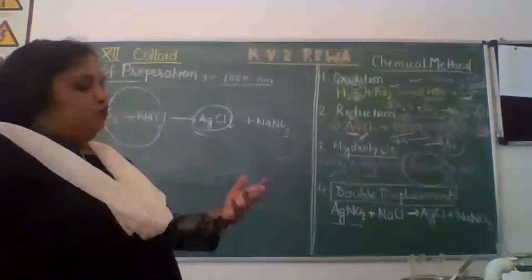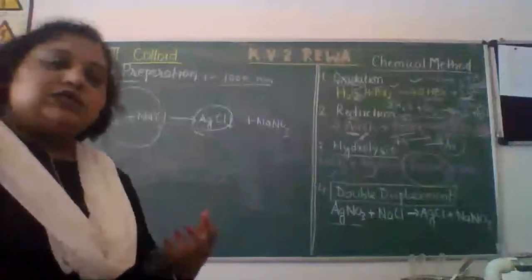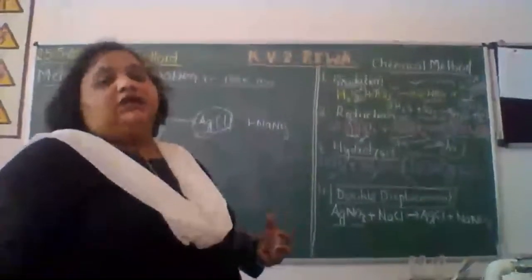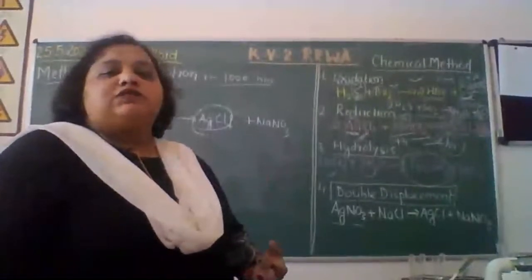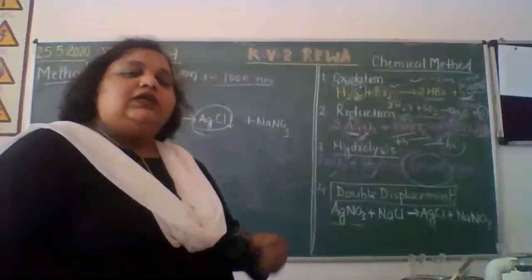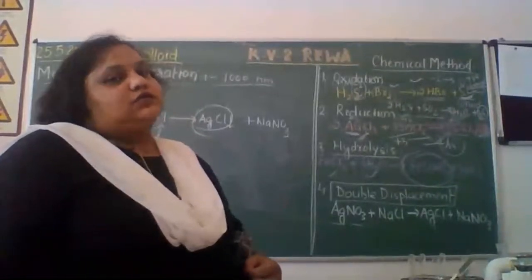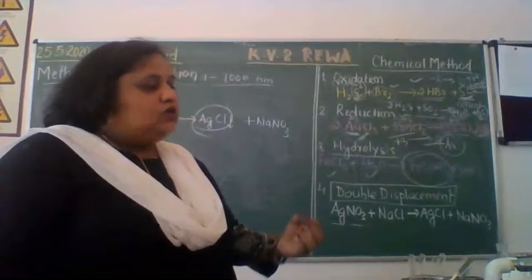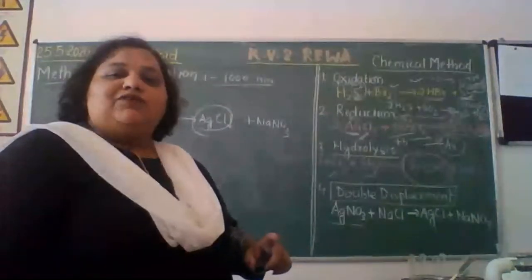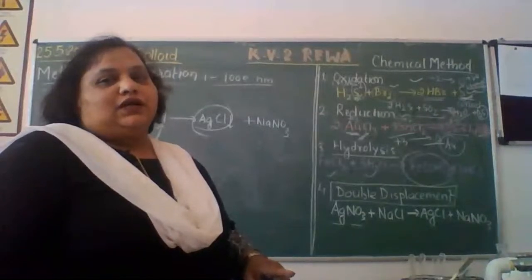Then peptization, just opposite to precipitation: a freshly prepared precipitate is dispersed in the dispersion medium along with some electrolytes, and these electrolytes increase the stability. What is the use? A very important question for the test that I will take on Wednesday.